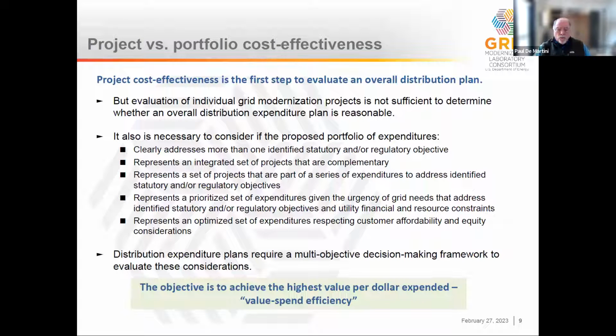And so, one of the things we're increasingly focused on, and we're seeing a number of utilities in the US starting to look at, and several states taking action on, is something we call value spend efficiency. That is, are we getting the greatest value for a particular dollar expended by the utility, whether capital or operating expense, again, to meet the multiple objectives that you may be desiring in your jurisdiction? Next slide, please.